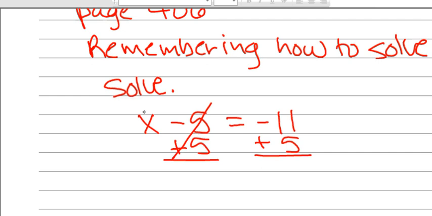So these drop out, bring the x down. Well, what's negative 11 plus 5? Well, I know my answer is going to be negative because I have more negatives with the 11. And I just subtract. 11 minus 5 is 6. So my answer is negative 6.